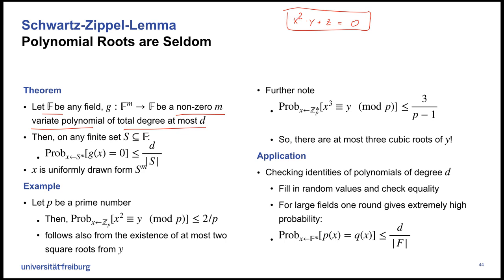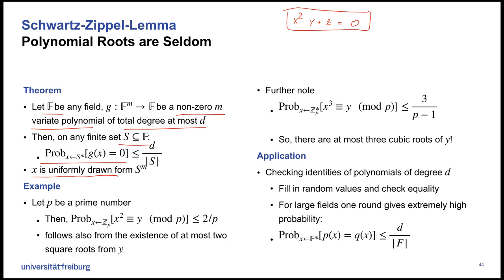Now, the Schwarz-Zippel lemma says the following. If you take any set out of this field and you choose x randomly out of the set, the probability that this polynomial is 0 is at most the degree of the polynomial divided by the size of the set. It's not s to the m, it's just s. And x is uniformly drawn from s to the n.